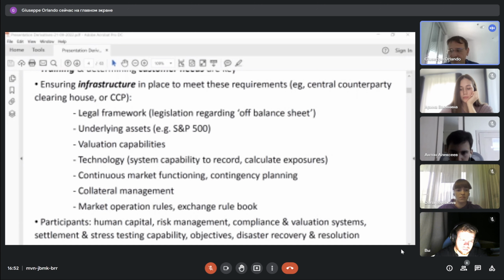Let's say that I have to pay 100 because I bought a security, and let's say that I have to get 200. If the two transactions are separated, it could be that there is a default on both parties, and then I will not get anything. So my exposure will be 300.